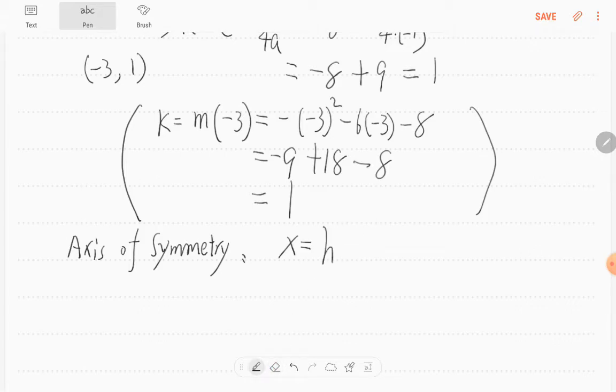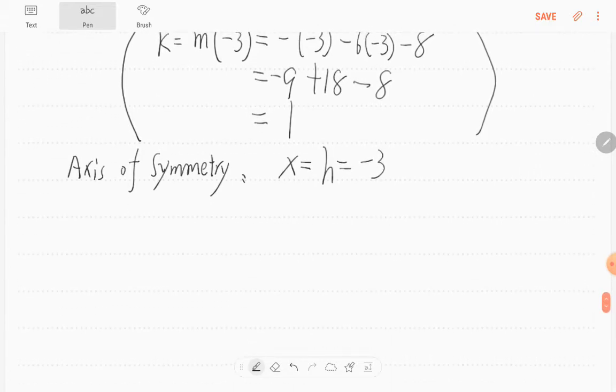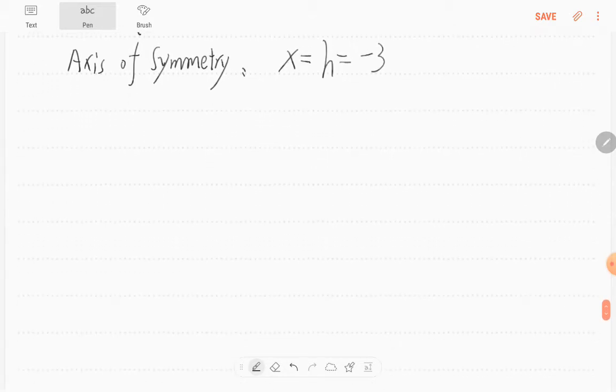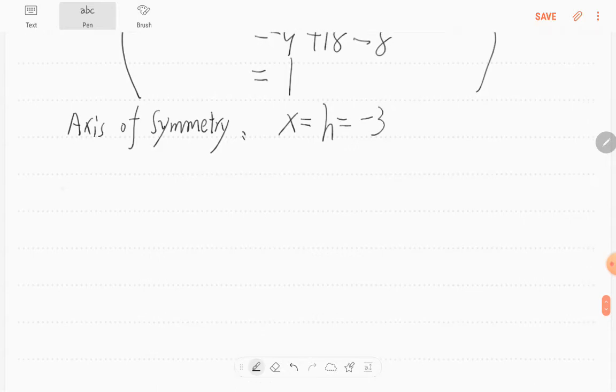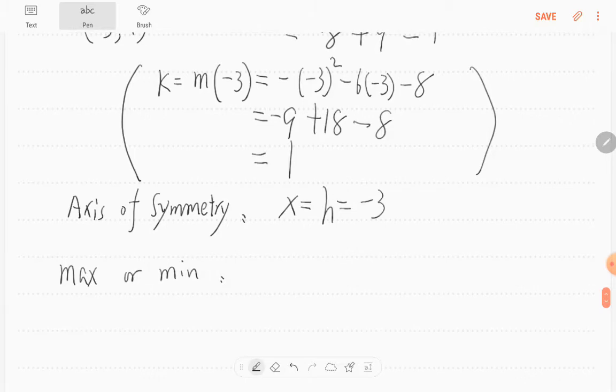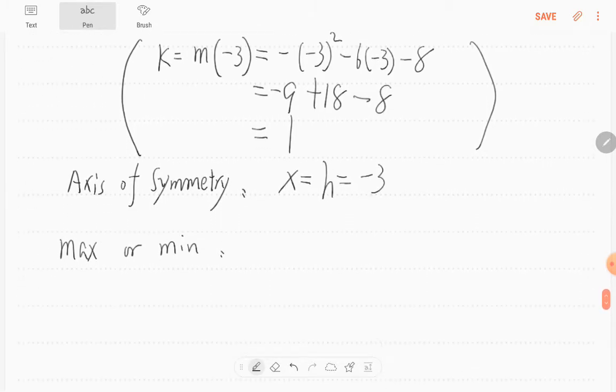Which is equal to negative 3. So what about the minimum values or the maximum values? Maximum or minimum?